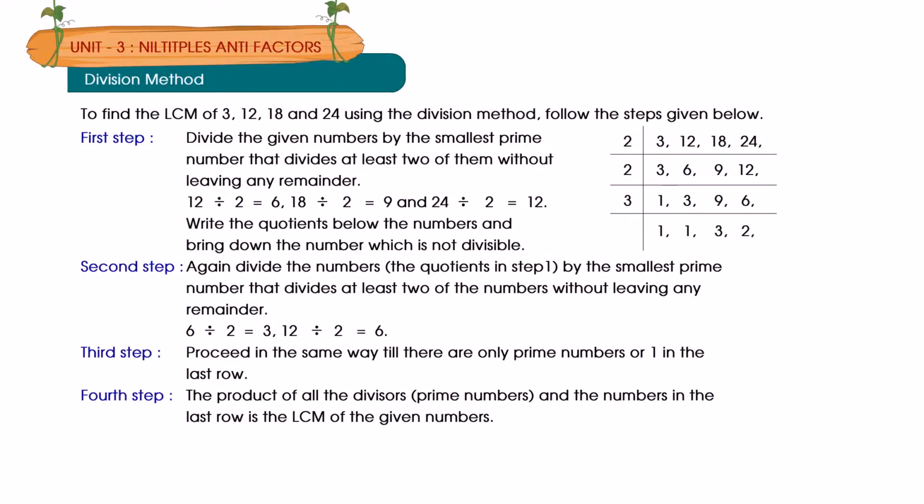In our example, it is 2 into 2 into 3 into 3 into 2 is equal to 72. Therefore, LCM of 3, 12, 18 and 24 is 72.